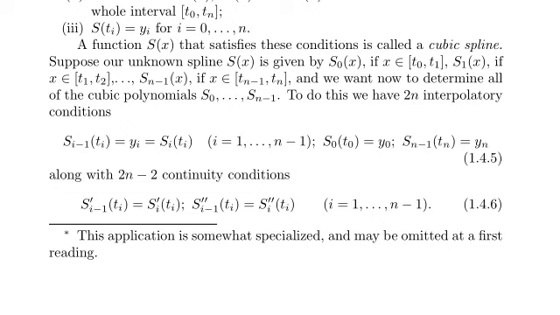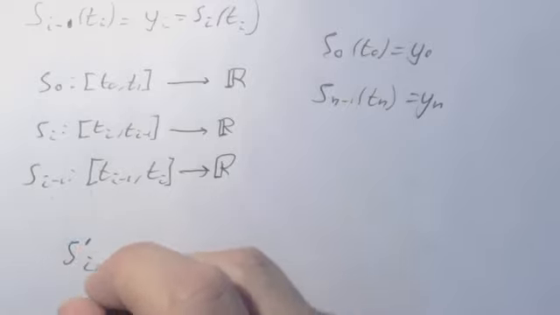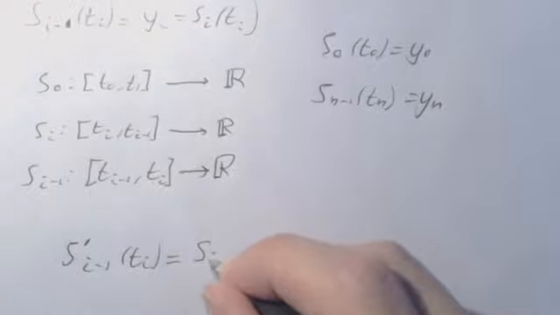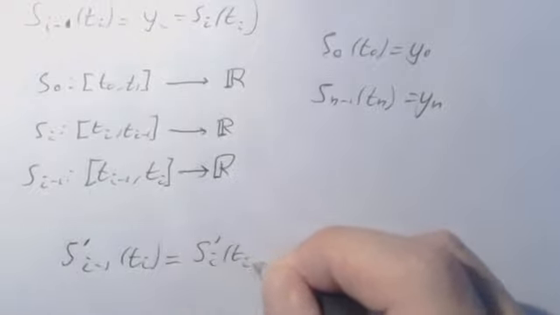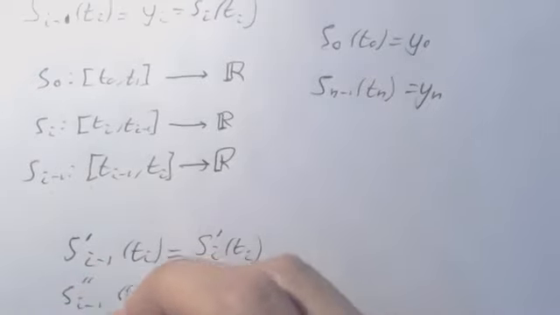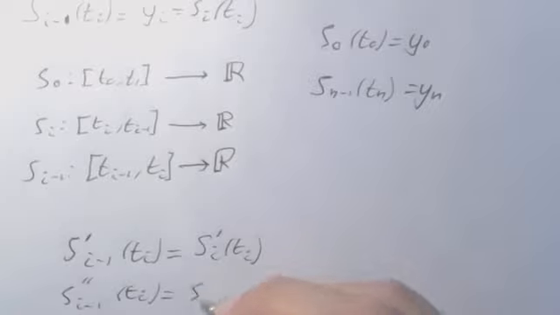Okay, so the other conditions are, S prime (i-1)(ti) equals Si prime (ti), and S(i-1) double prime (ti) is equal to Si double prime (ti).